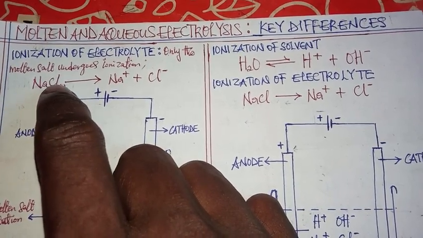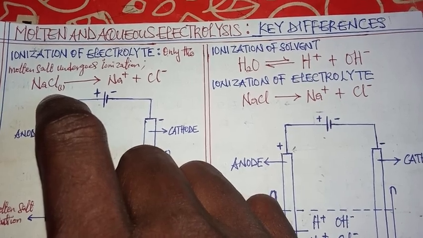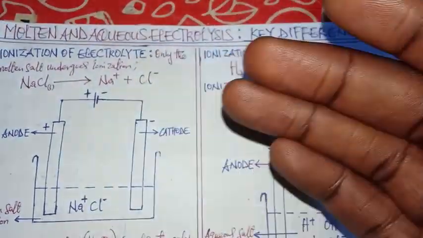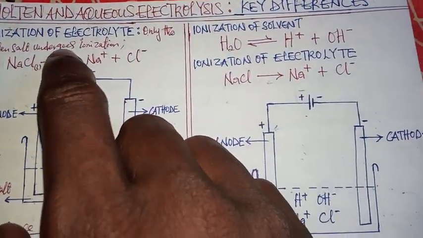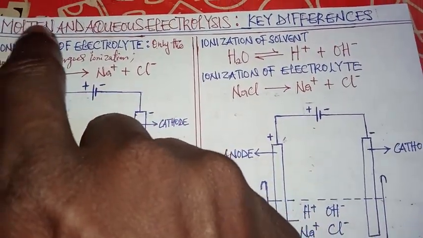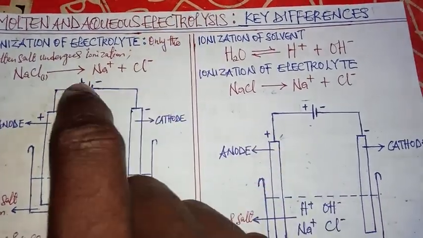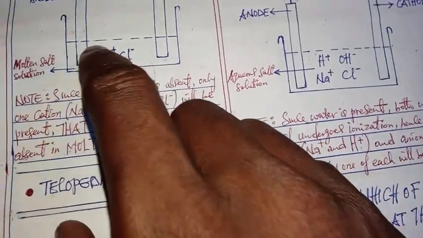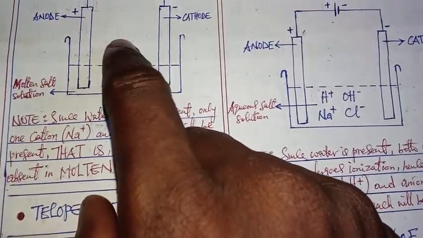It reaches its melting point. It now changes from solid sodium chloride to molten sodium chloride. So in such a situation, we are performing molten what? Electrolysis. So in molten electrolysis, there is absence of water.